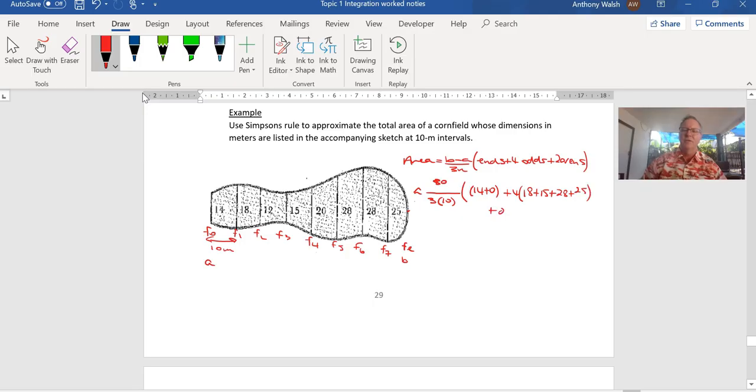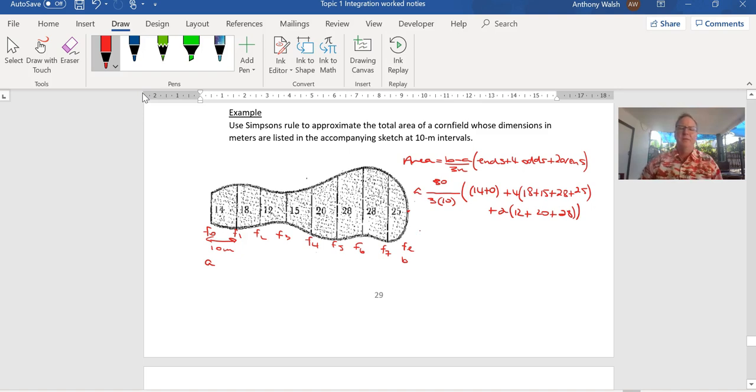Plus 2 times the evens, which would be f2, f4, etc. f2 is 12, f4 is 20, f6 is 28, and the f8 is not f8 at all, it's the end length. There's always going to be a greater number of odd lengths than there will be even lengths.